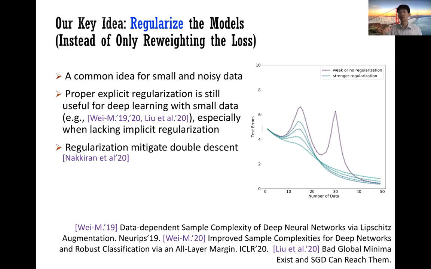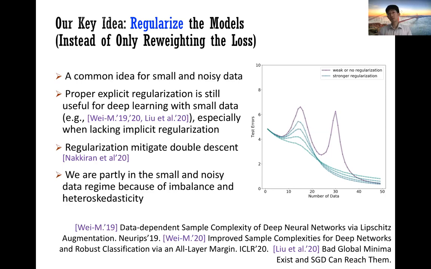Sometimes you have this double descent curve of the test error in the number of data points. However, if you add regularization, then this double descent curve mostly goes away, as shown in this paper with Nakkiran. And regularization does help a lot in improving the test error for those small numbers of data points.